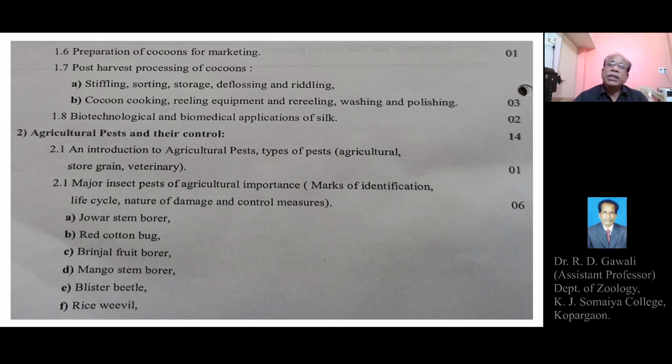So after 3 days of the spinning, all cocoons can be harvested and sorted for good or poor quality cocoons. These are marketed. So after this, post harvest processing begins. That is the industrial part of the sericulture, and this includes several steps: stippling, sorting, storage, deflossing, and riddling.